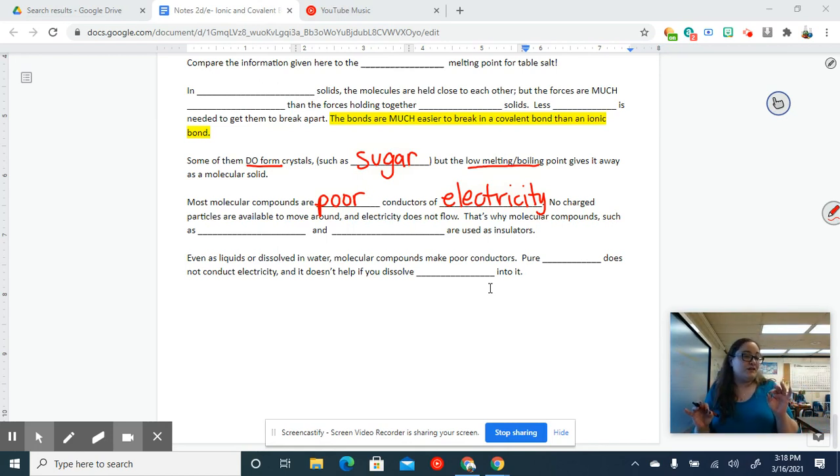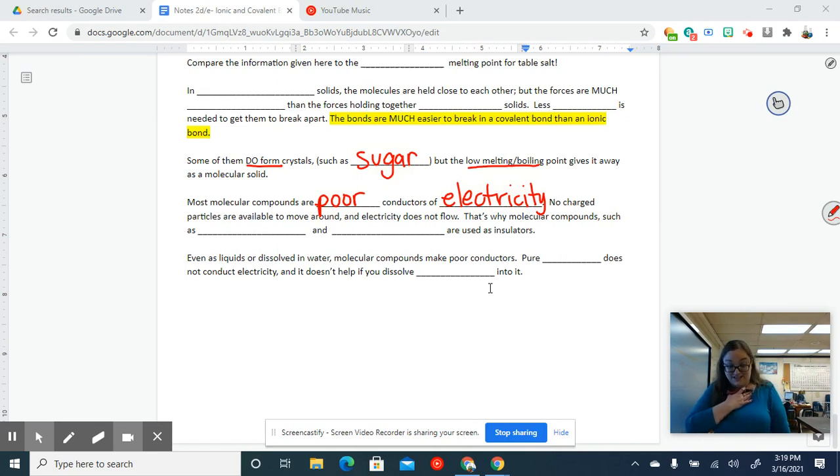Is that pure water in the lake or in the pool or whatever? No, it's got all kinds of stuff in it. It has salts in it, from our bodies being in the water and all that. So that's going to conduct electricity. It's got other minerals in it from all kinds of different stuff. Sometimes it's a pool, and it's going to have some chlorine and bromine, and it's way more than just pure water. Because it's more than pure water, it's got those ionic compounds dissolved in it, so it will conduct electricity.